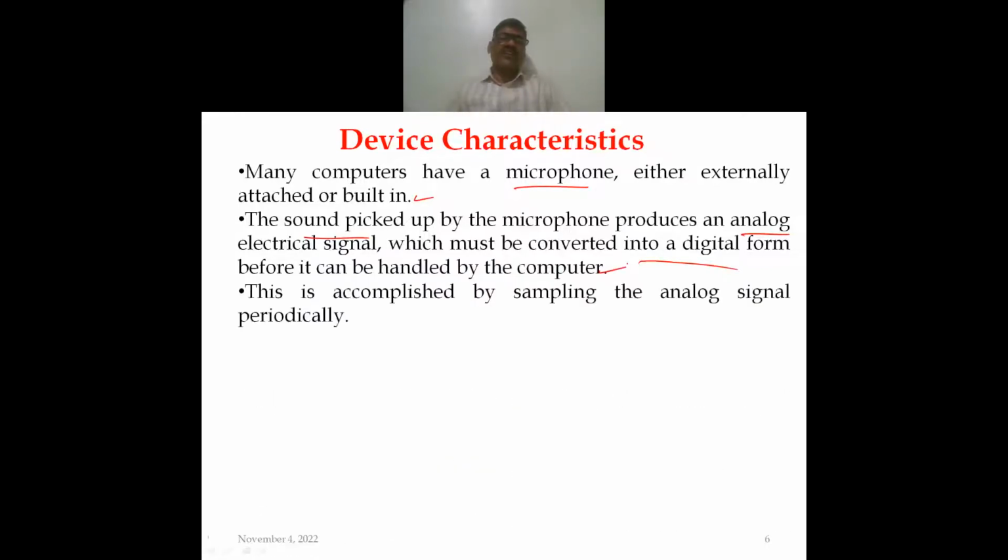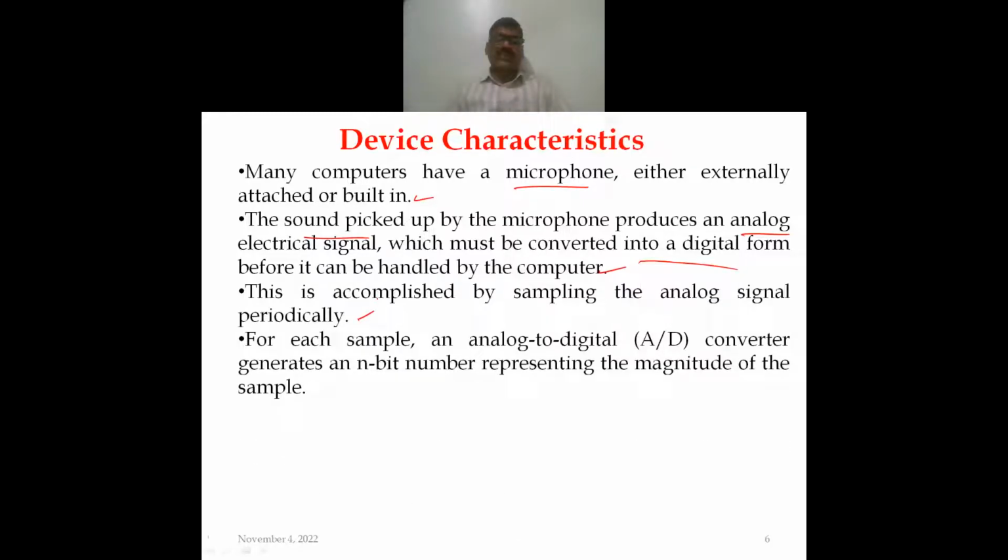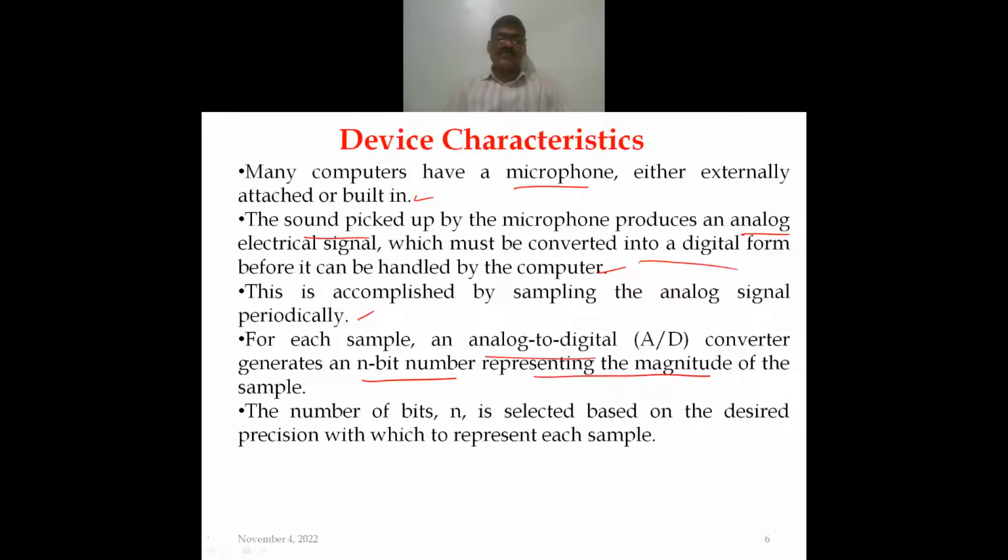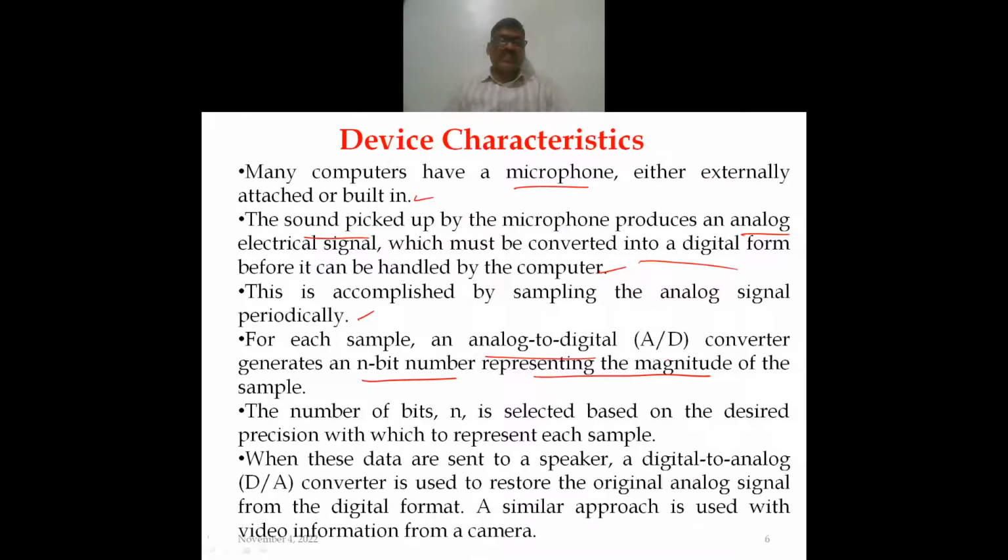This is accomplished by sampling the analog signal periodically, using an analog-to-digital converter, which generates n bits representing the magnitude of the sample. The number of bits n is selected based on the desired precision with which to represent each sample. When the data is sent to a speaker, a digital-to-analog (D-to-A) converter is used to restore the original analog signal from the digital format.